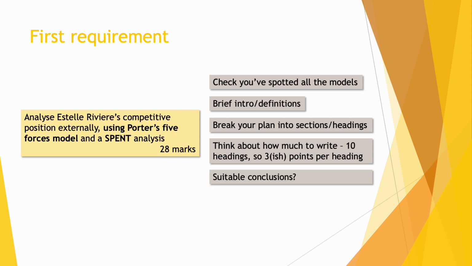The other thing I would think about is whether the models that you're looking at are likely to suit conclusions. So is there anything that you can briefly conclude on about, in this case, the industry and the macro environment that this company is operating within? So it's always worth taking just a minute or two and thinking about how you're going to structure your answer before you start physically writing it.